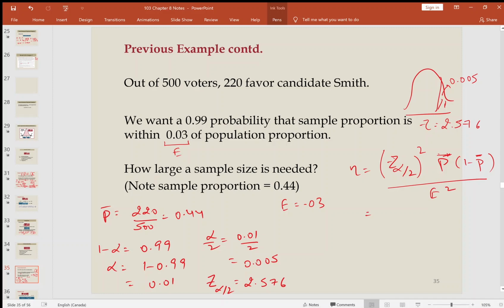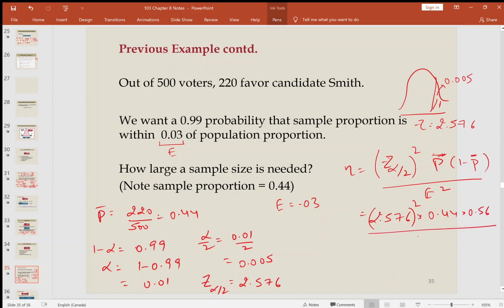So this is equal to 2.576 square times 0.44 times 0.56, since 1 minus 0.44 is 0.56, divided by 0.03 square, which comes to 1817.